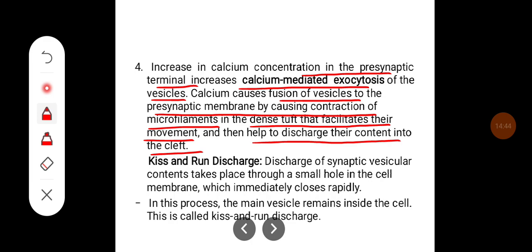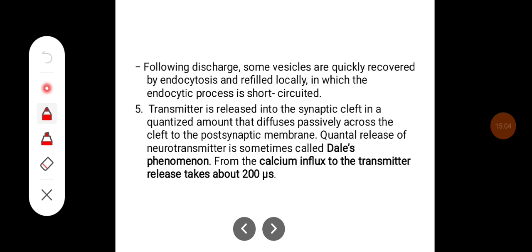The discharge of synaptic vesicular contents takes place through a small hole in the cell membrane, which closes rapidly. In this process, the main vesicle remains inside the cell, and this is called kiss and run discharge. Following discharge, some vesicles are quickly recovered by endocytosis and refilled locally, in which the endocytic process is short-circuited.